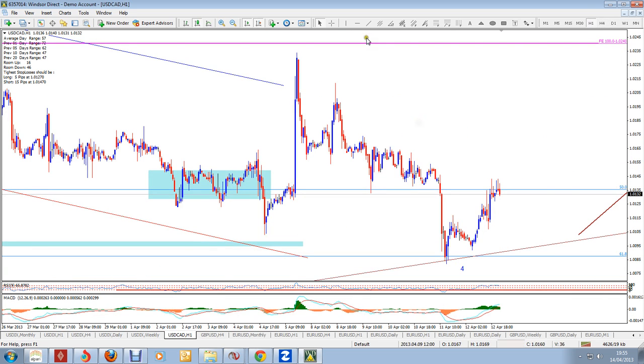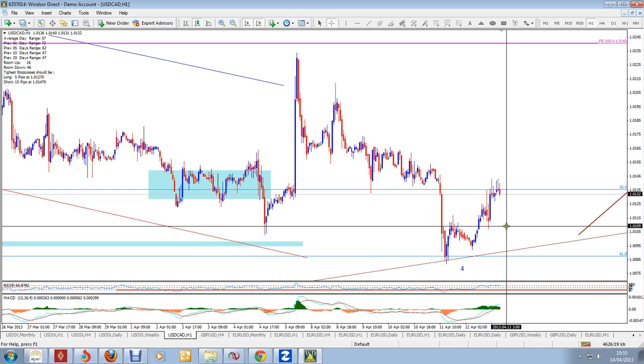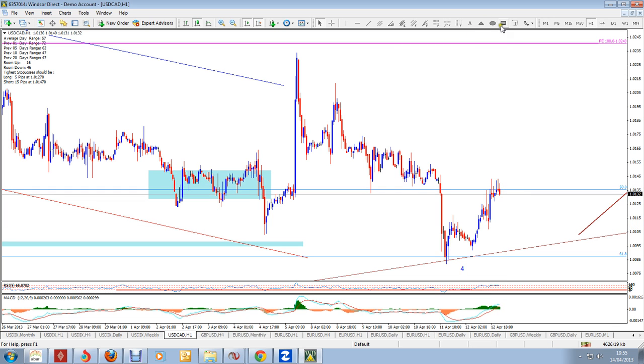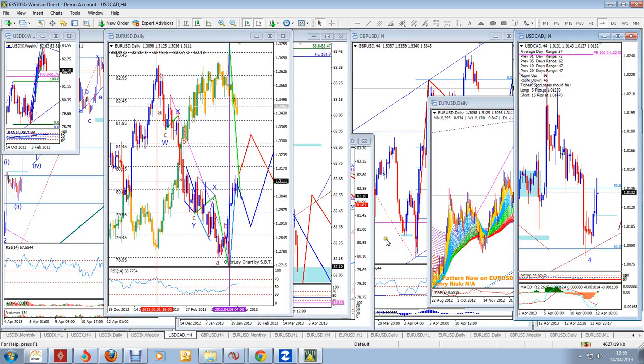This is what I mean: it has already done wave 1, wave 2, this is probably 3, you expect it to pull back to 1.01, and possibly in that area is where you consider going long, with a stop below and a target at the last high over here around 1.035, or maybe 1.04 for dollar Canada.